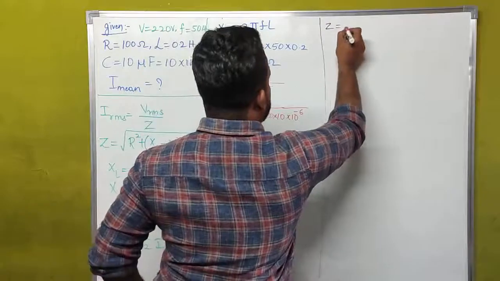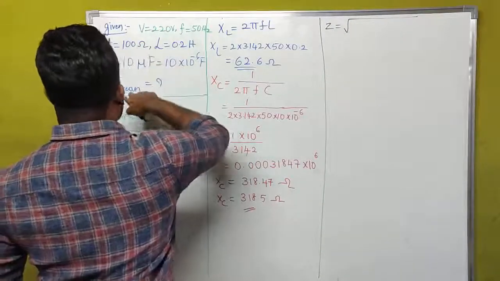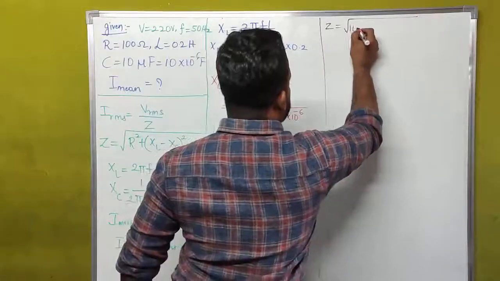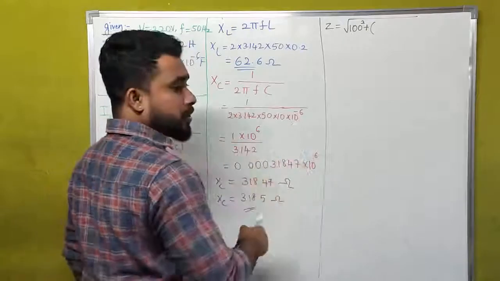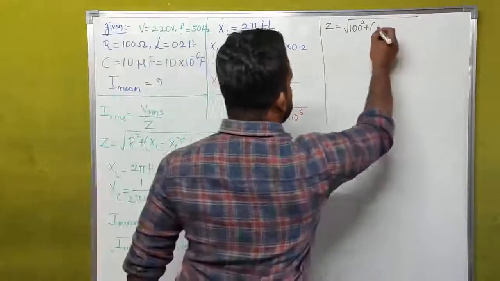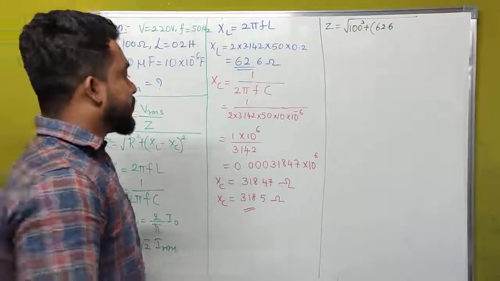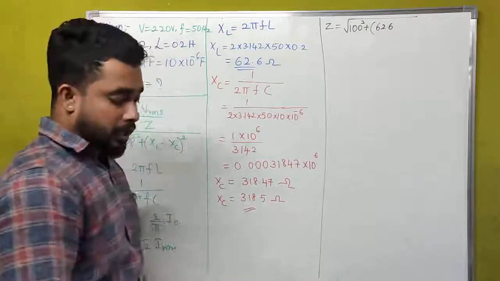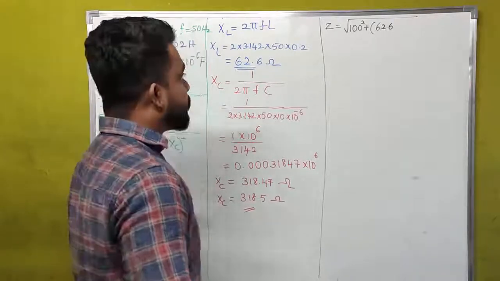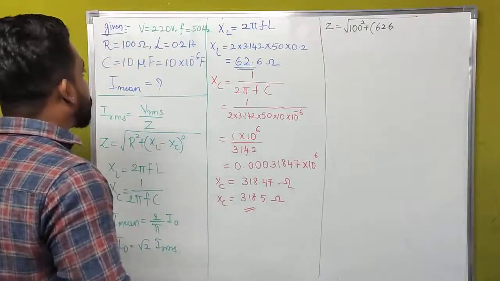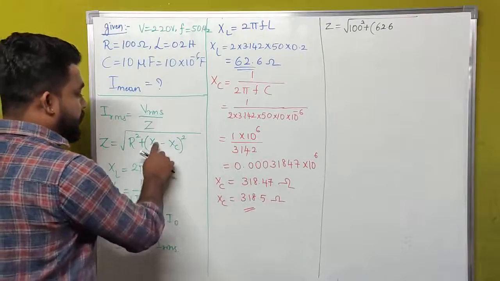Z is equal to square root of, what is the value of R here? R is equal to 100 ohm. That is 100 square plus XL. XL is how much? That is 62.6. 62.6 minus Xc is equal to 318.5. But in terms of current leads the voltage, the expression is going to change.